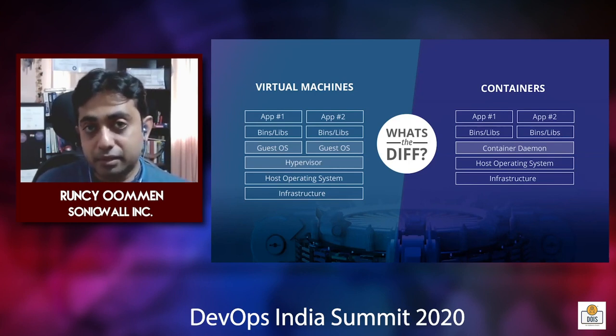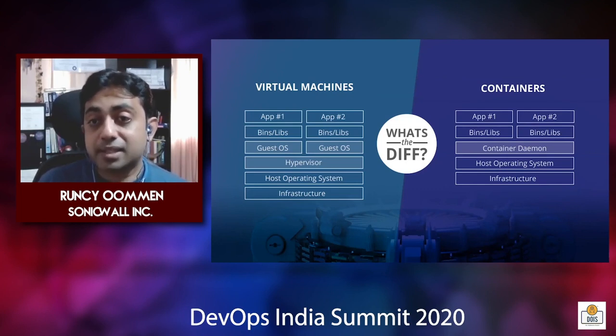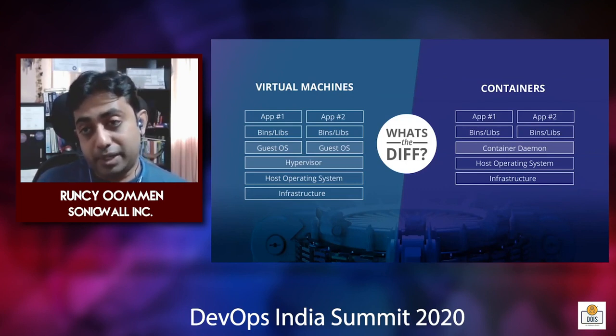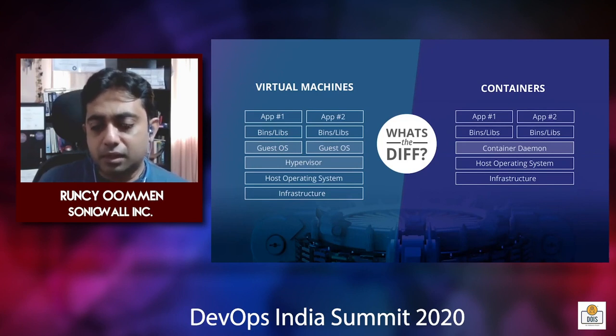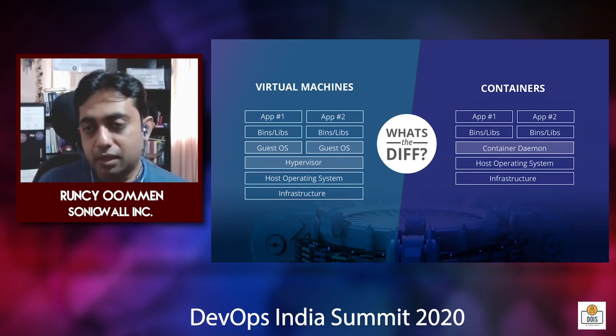But with the container, announced by Solomon Hykes in 2013, which is a very new technology, you're removing that abstraction of hypervisors and guest operating systems. It's nothing but a container daemon that spins up your applications and binaries, so it's a much smaller footprint and uses up resources efficiently.